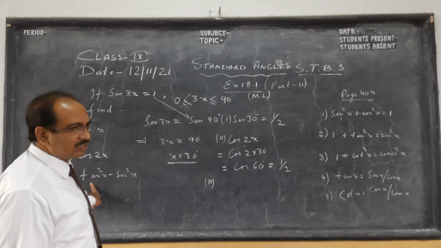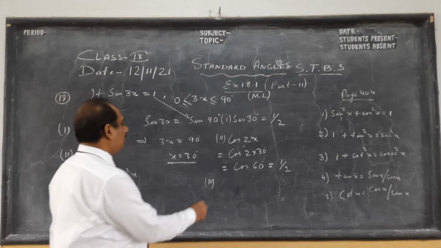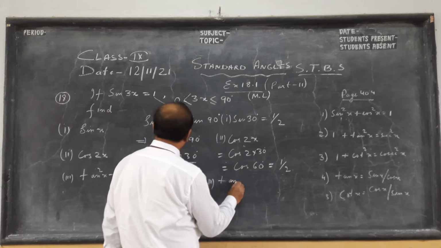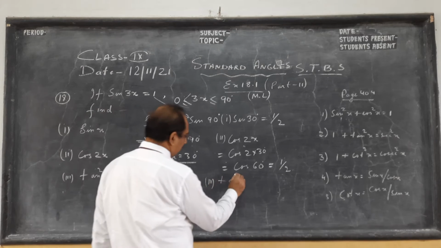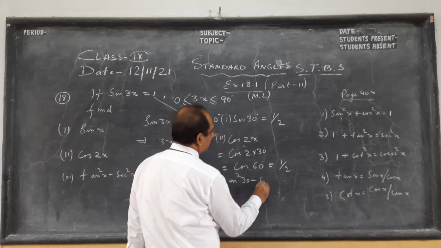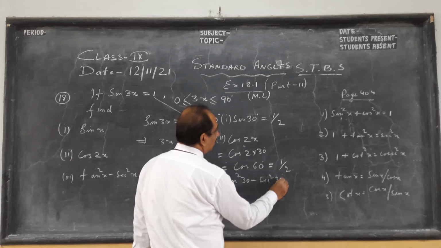Let us see whether we get 1 or minus 1. Tan square 30 degrees minus sec square 30 degrees.